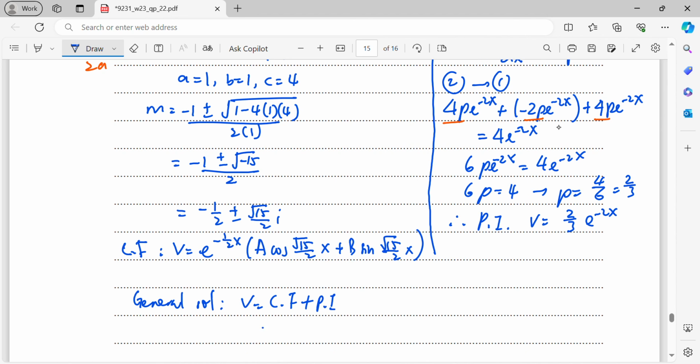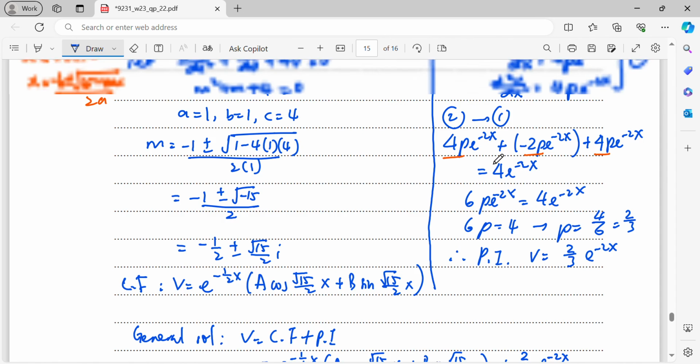That is e negative half x times a cos square root 15 over 2 x plus b sine square root 15 over 2 x, then plus 2 over 3 e negative 2x.